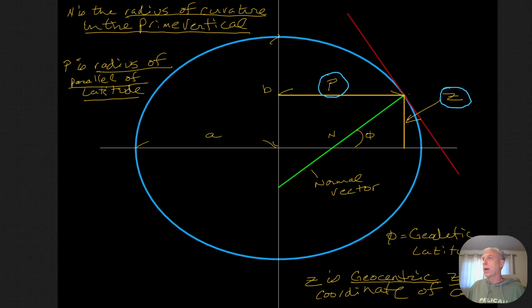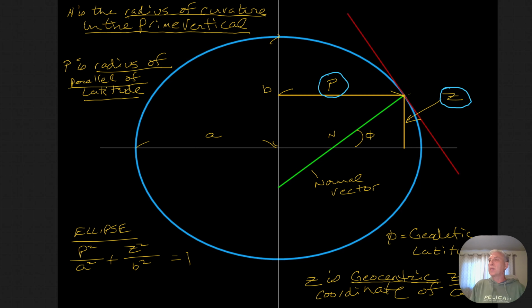However, from our diagram, we'll use our notation. So the ellipse in our notation is p squared over a squared. That p is the radius of the parallel of latitude. And instead of y, we have z squared over b squared equals 1.